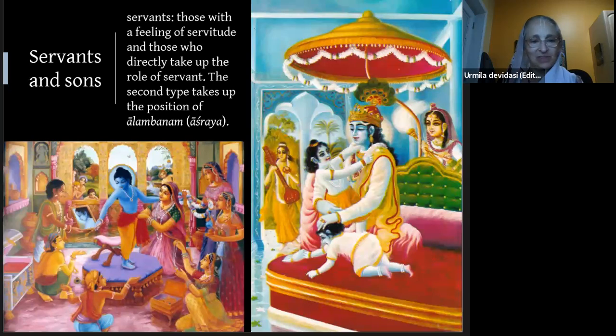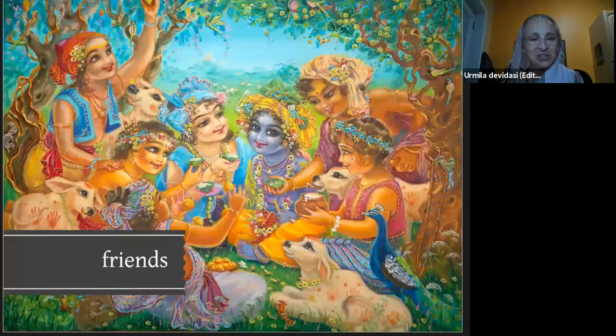Servants. So this is those with a feeling of servitude and those who directly take up the role of servant. So here we're talking about those who actually do service. This also includes Krishna's children. So again, the servants are enlivened in their love for Krishna by the other servants. It's such a sensible, reasonable thing, right? And the friends, just like those of you who are my friends, some of you here in this class are friends of mine, and I will be enlivened in my friendship toward you by other people who are also your friends.